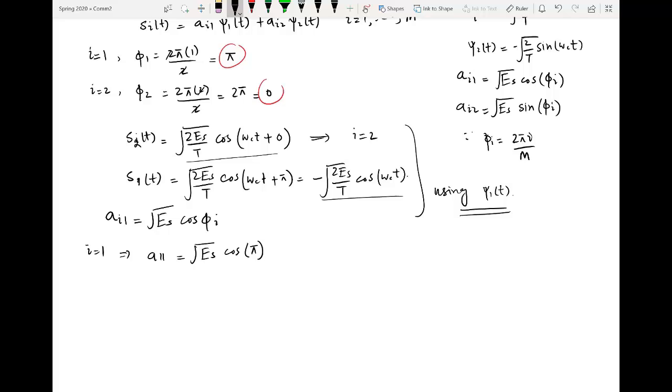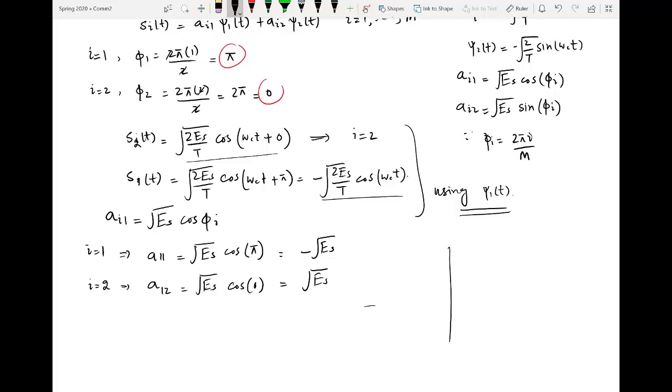You can say any one as pi and the other one as 0. So it will be minus square root of Es. And for i equal to 2, you will have a12, and that will be equal to square root of Es cos of 0, which comes out to be square root of Es. So you see, the magnitude of both these points will be the same.